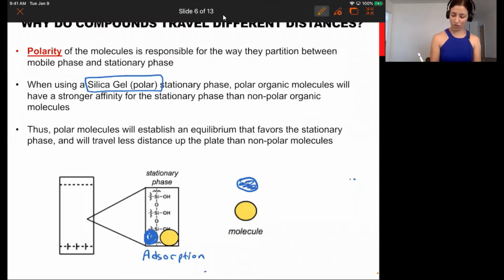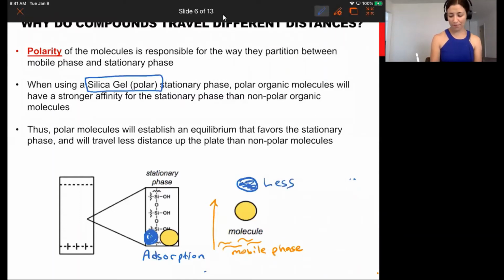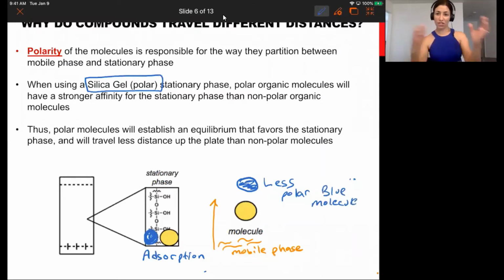As we introduce a mobile phase, we can imagine that the less polar blue molecule will desorb and travel with the mobile phase more than the polar molecule that's kind of stuck on this hydrogen bonding surface.